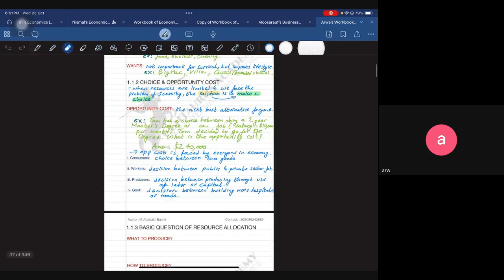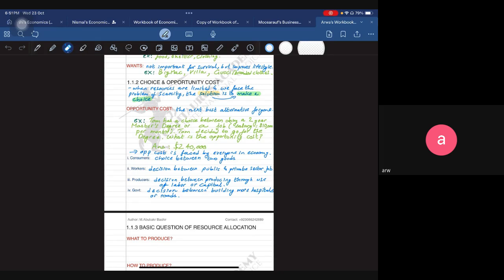Then we talked about whether opportunity cost is faced by everyone in the economy. The decision makers, or economic agents, are consumers, workers, producers, and government. Consumers choose between two goods. Workers choose between a public or a private job. Producers decide what to produce, how to produce, and for whom to produce.